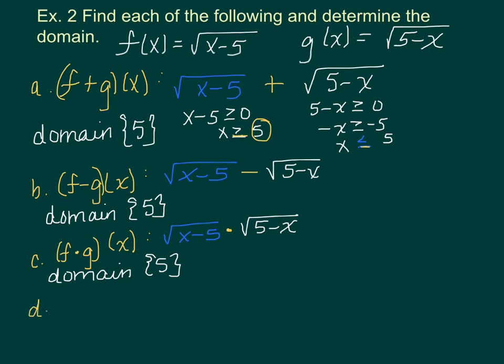And then my division, or dividing, I'm going to put the f on top and the g in the denominator. Okay, and that's as far as you can go. This domain is breaking both of our rules.